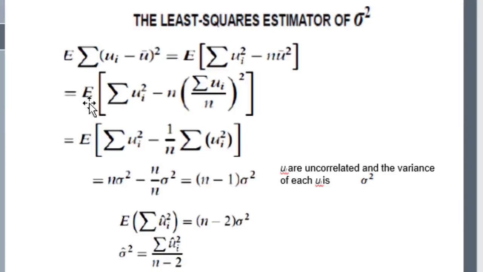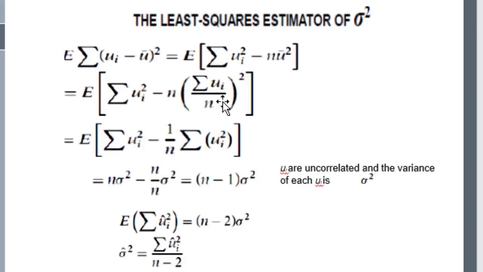We know that x bar equal to sigma xi by n, like that u bar equal to sigma ui by n.